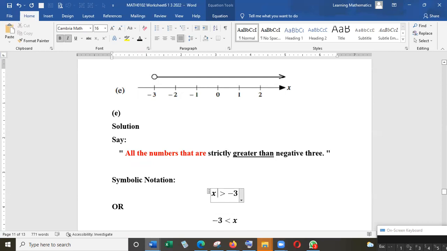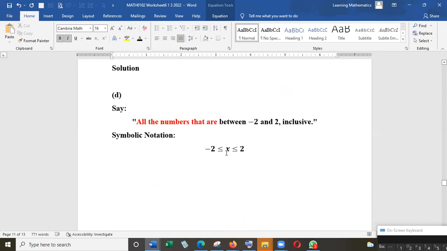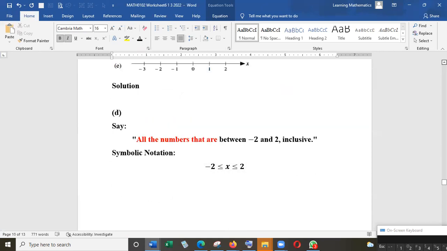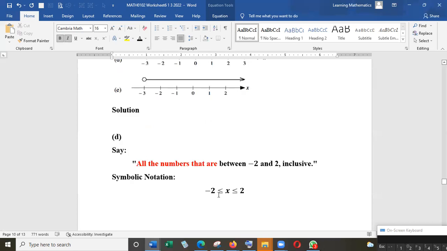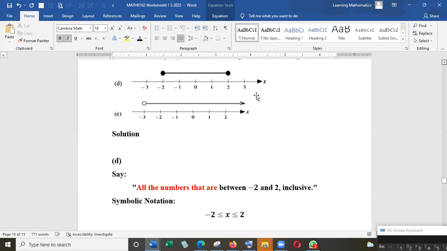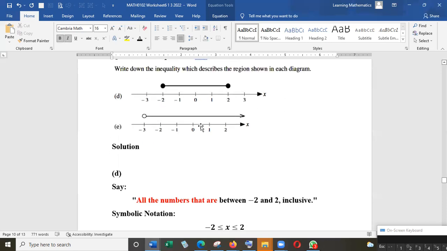For the in-between, there's only one way to write it, because bear in mind X is in the middle, so there are no 2 ways you can write the in-between ones. All right, the in-between ones are for part D. But when you have those open-ended ones, open-ended means there's an arrow at one end, you can write it 2 ways.